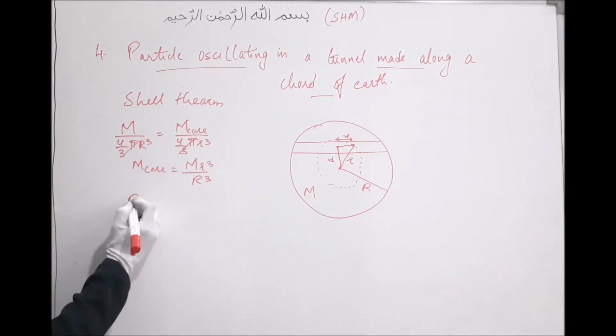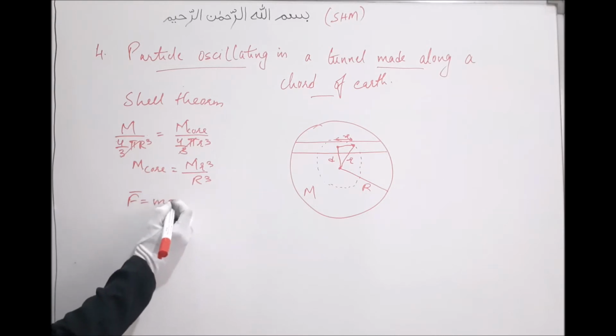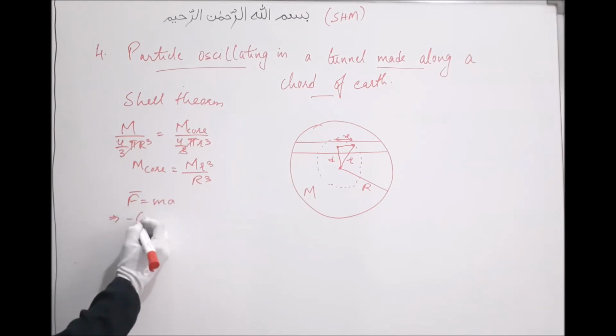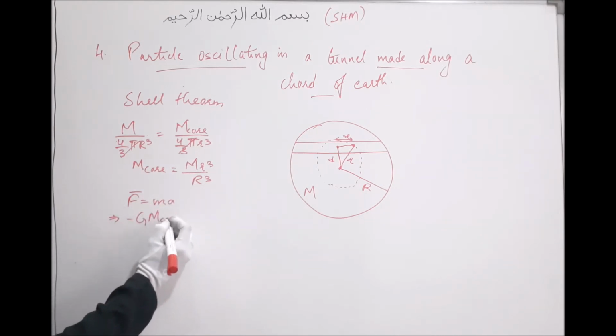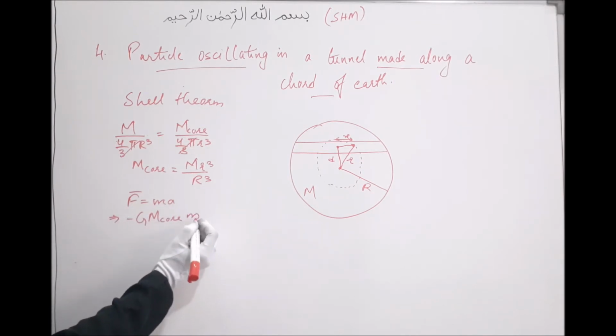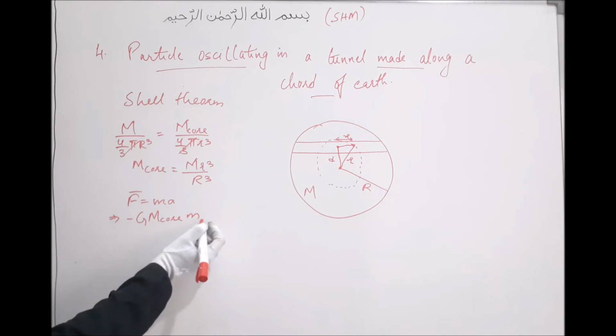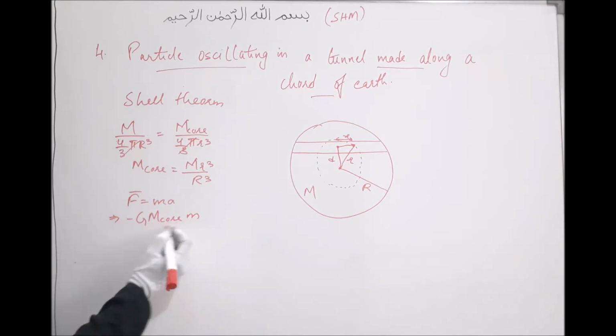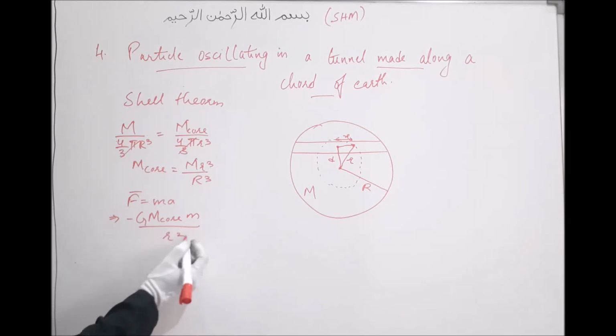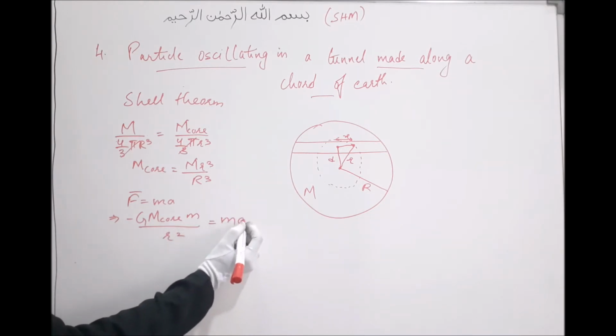Now if you apply Newton's law, F equals ma, we know the force is experienced only because of the core. With m as the mass of the particle, minus G M core m upon r squared, where r is the radius of the core, is equal to the mass of the particle times acceleration.